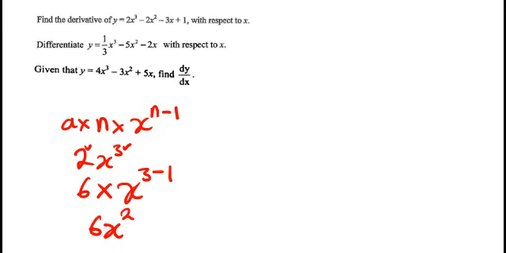Or if you feel like this is more of a shortcut, or maybe you didn't understand, what you do is just say 2 multiplied by 3. So a is 2, n is 3, and then multiplied by x to the power 3 minus 1.